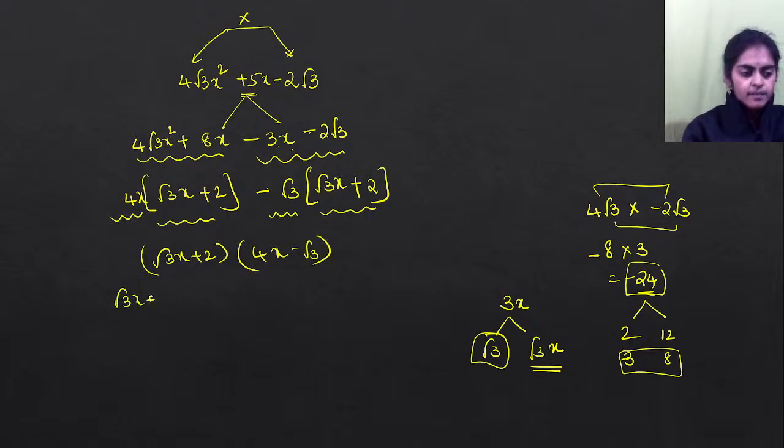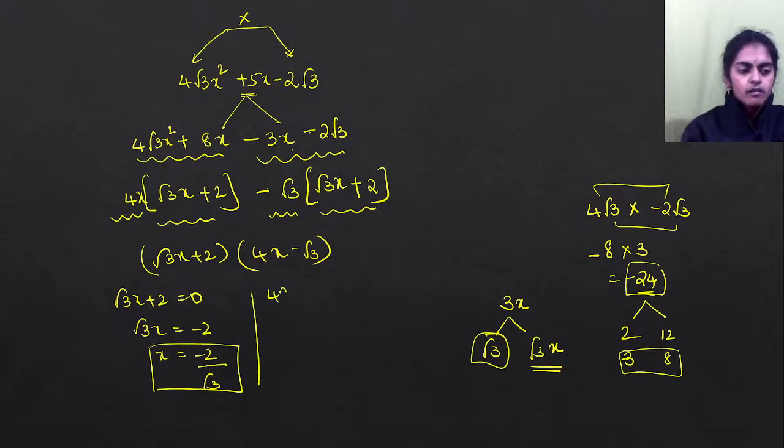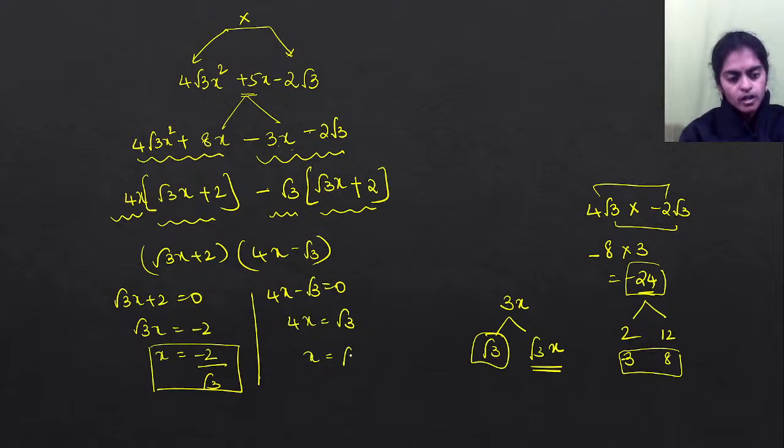So root 3x plus 2 equals 0. So root 3x will be equal to minus 2 and x will be equal to minus 2 by root 3. Or 4x minus root 3 will be equal to 0, or 4x equals root 3, or x equals root 3 by 4.